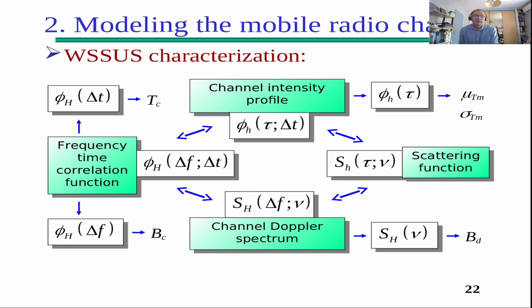For example, starting with the frequency time correlation function, you can have the coherence time TC and also the coherence bandwidth. With the channel intensity profile, you can get the mean delay spread and the RMS delay spread, which are really used quite a lot in practice.